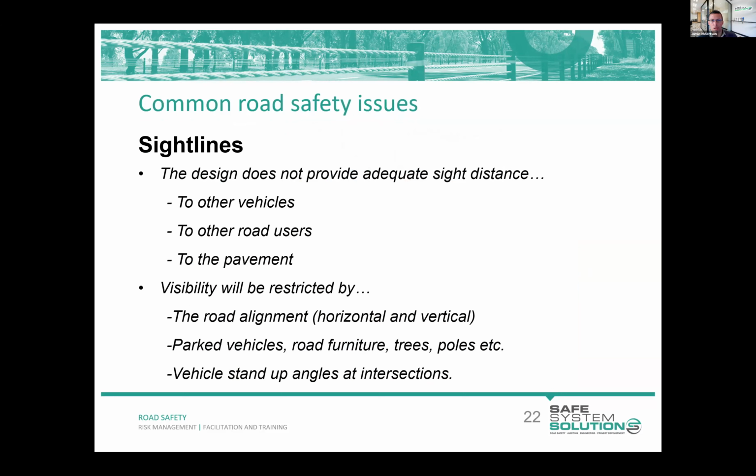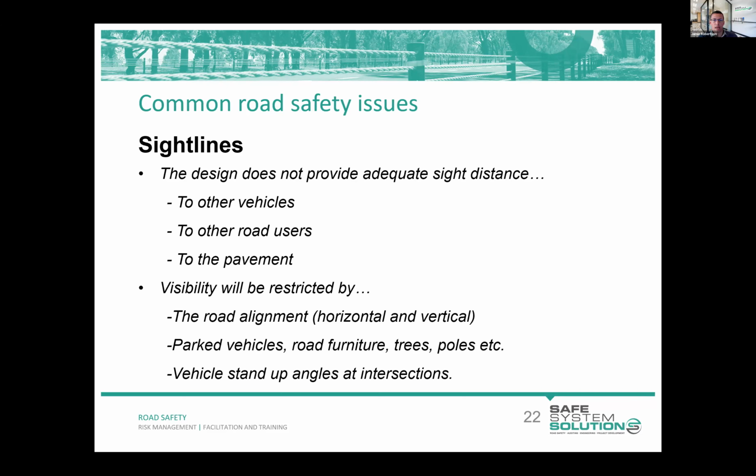Other issues that commonly arise relate to sight lines and sight distance. It might be the case that an intersection or a pedestrian crossing point doesn't have adequate sight distance. So this is another situation where you can put yourself out on the ground in a vehicle or on foot and think about whether you would feel safe entering an intersection or crossing the road, and so on.